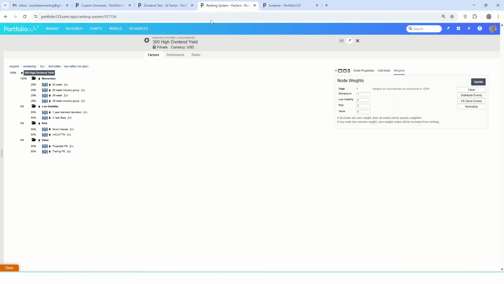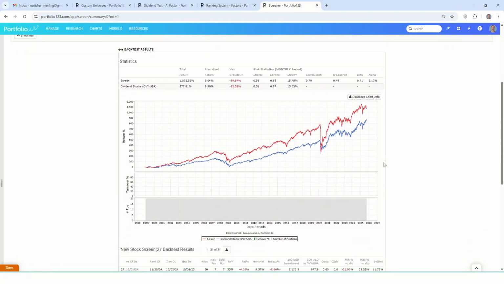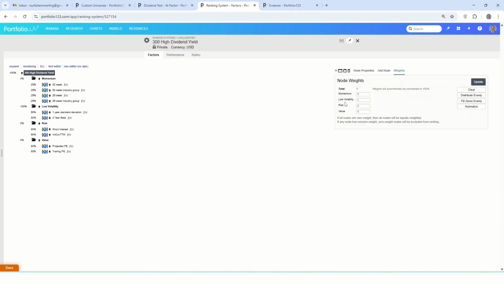Okay, let's do this again for low volatility. And finally, for the low risk, which is low short interest and high interest coverage.